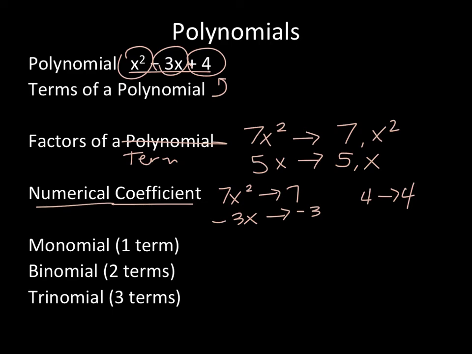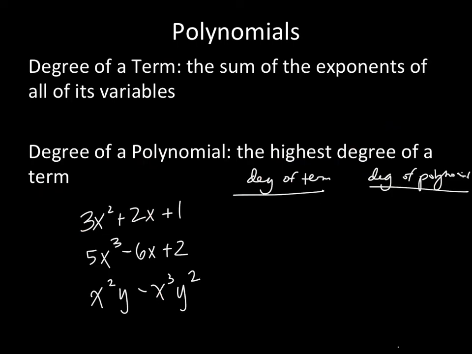Examples might be 8x for a monomial, 2x squared plus 1 for a binomial, and 3x squared plus 5x minus 2 for a trinomial. So again, the number of terms tells you which kind of polynomial it is.